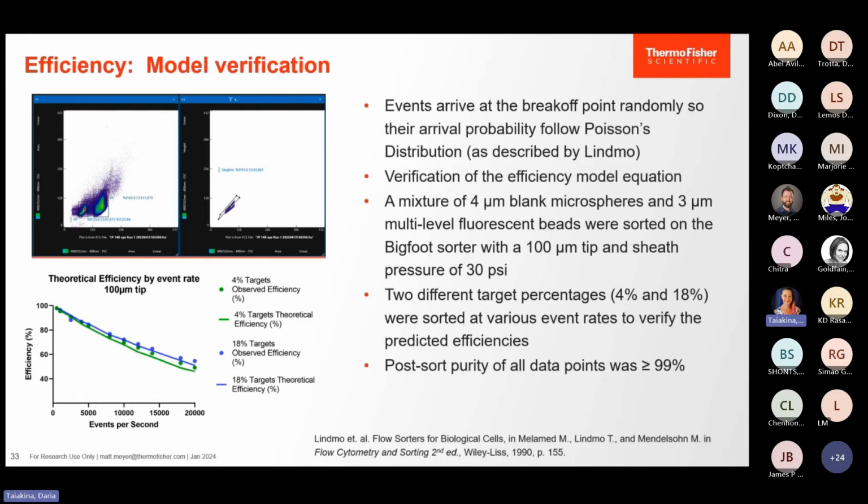And we can correlate that back to efficiency and get a good model of the change in theoretical efficiency versus observed or actual efficiency measured on the system. The Lemmo paper reference is at the bottom here, which is where we can calculate the theoretical efficiency that we should expect from the system.